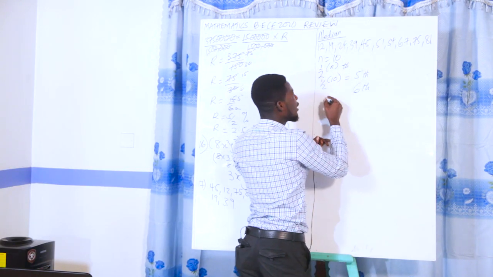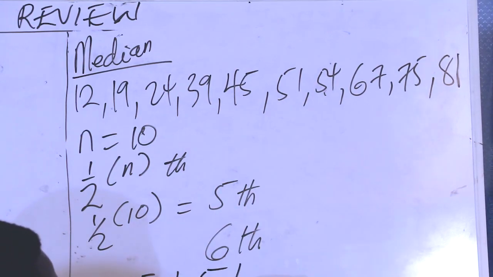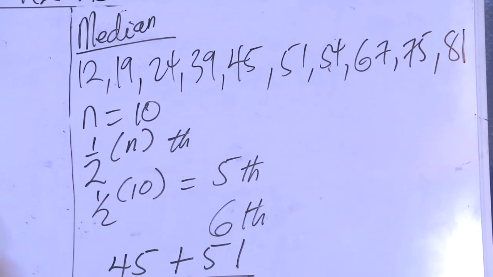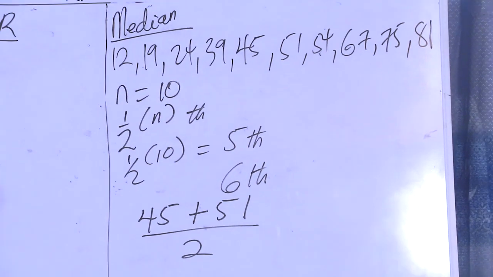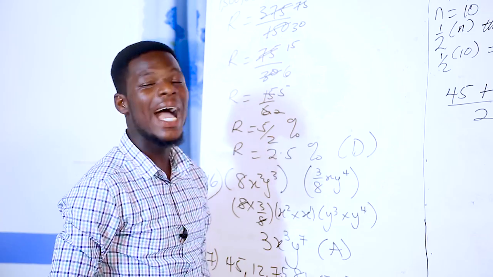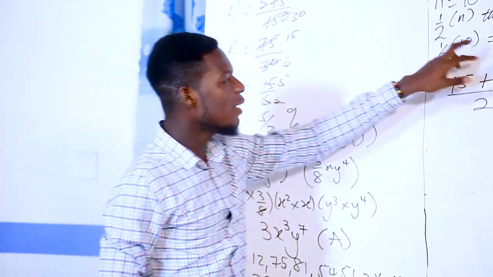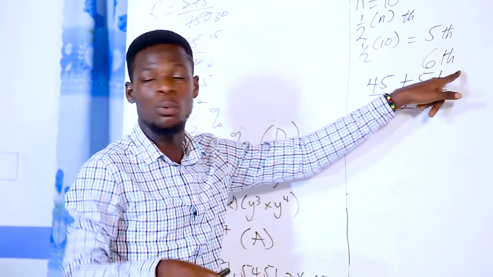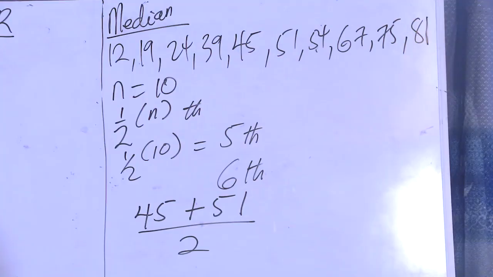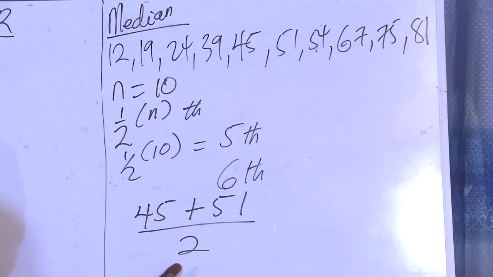So 5th position is 45 plus 6th position is 51, divided by 2. So in simple terms, when we are finding median of raw data, we are actually finding the mean of the position median and the next position. The mean, which means you add them and divide by 2.